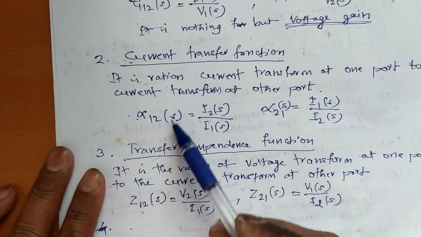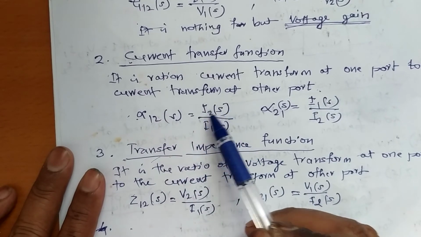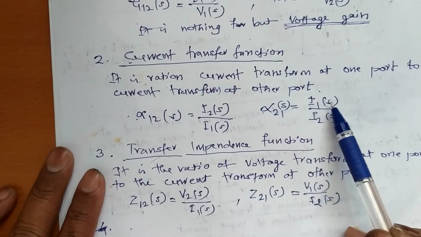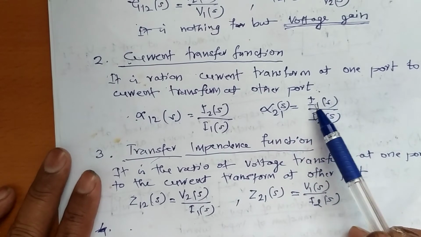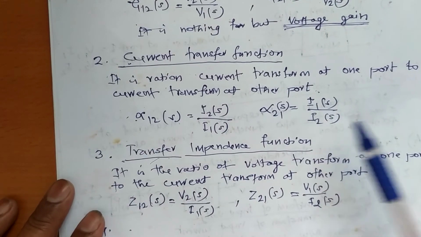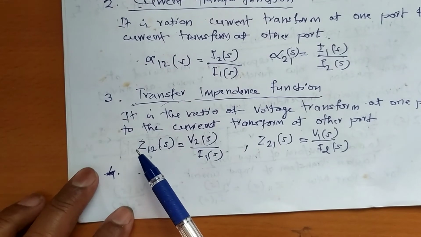That means current gain is I2 by I1, I2 of S by I1 of S. Then alpha 2 1 is the other possible ratio of currents, current at the first port divided by current at the second port.